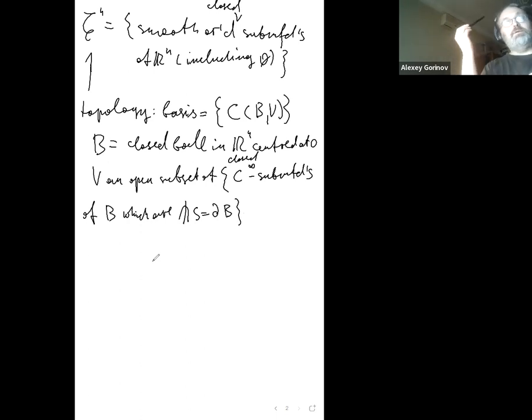And this time the submanifolds are closed, which means they are compact, and we basically consider the usual C infinity topology on the space of those submanifolds.